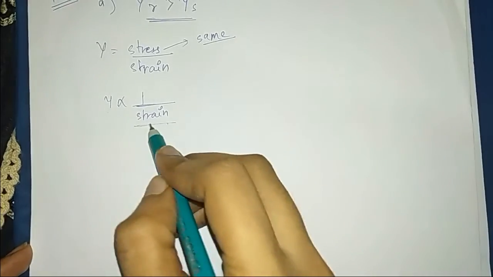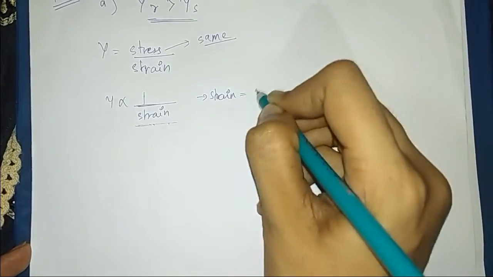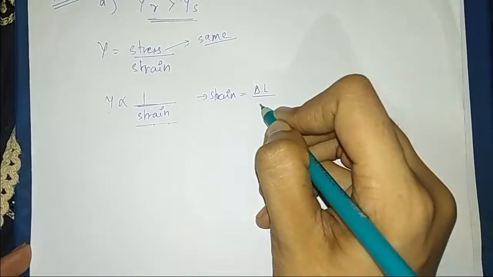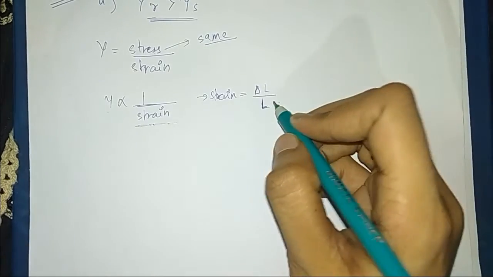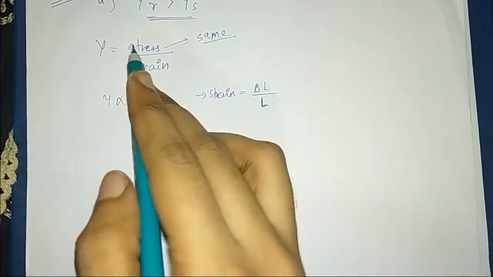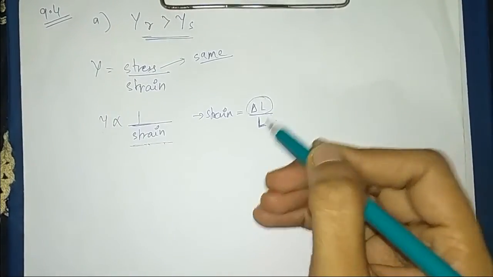Okay, now what was strain? The formula to calculate strain was change in length divided by the original length, right? Imagining the original length is the same for rubber and steel, what changes here is delta L, or the elongation.